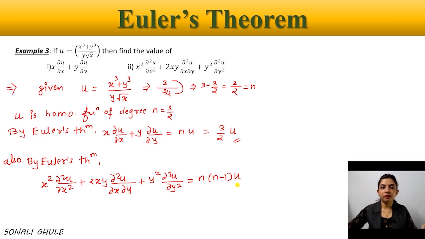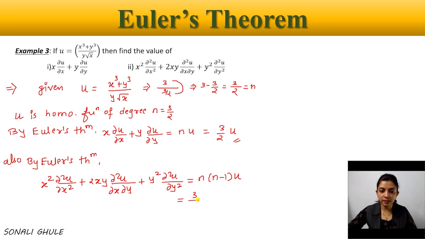But if f of u is homogeneous, then you write the value g of u in bracket g dash of u minus 1. You have to remember the difference between these two. Now here our u is homogeneous, therefore I have to use this value.